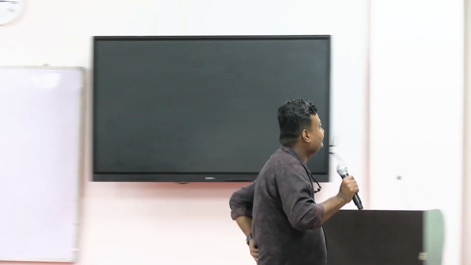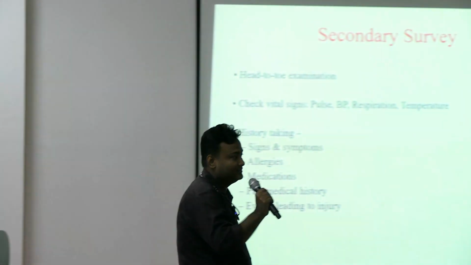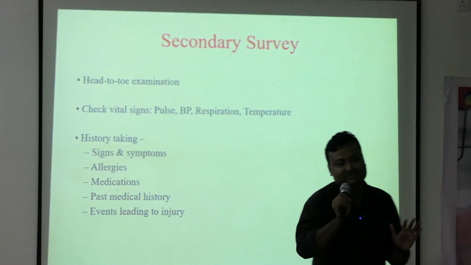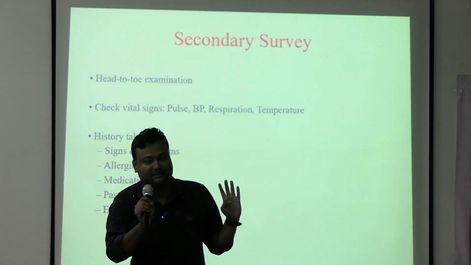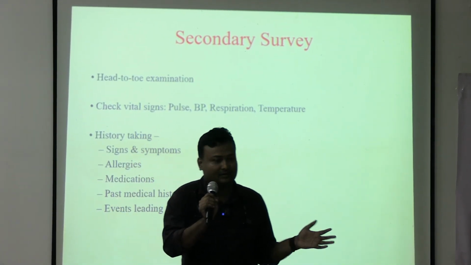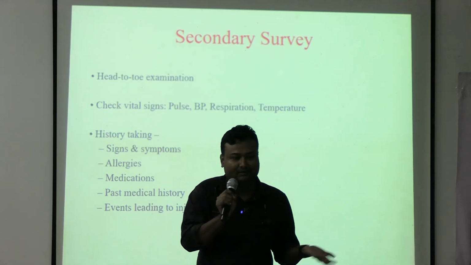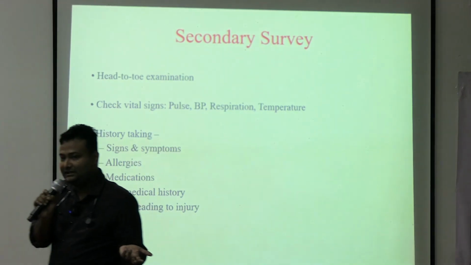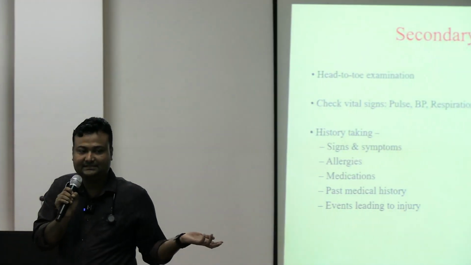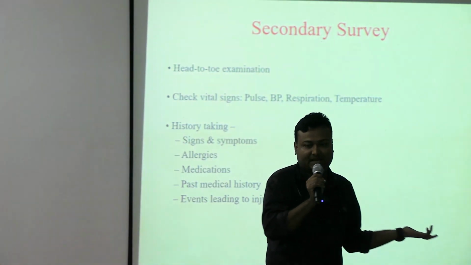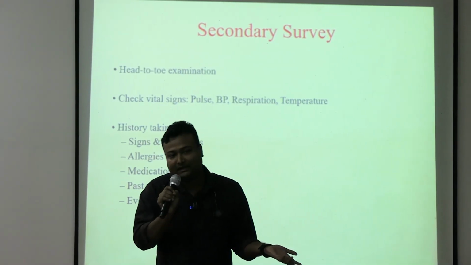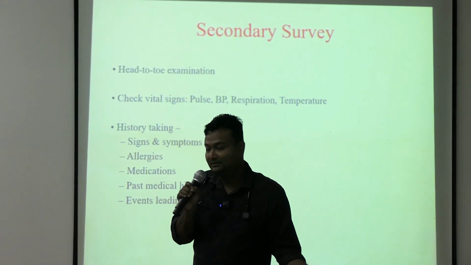Secondary survey. We do the secondary survey only when the patient is responsive. In ABC, if airway, breathing, circulation is absent, then we definitely start CPR immediately. Otherwise, if everything is okay in the primary survey, then we go for the secondary survey.